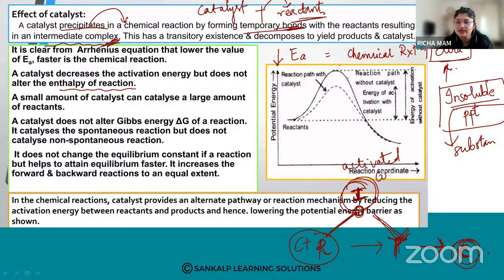This activated complex is unstable. It is formed when the catalyst combines with the reactants to form the intermediate product with temporary bonds, and it will decompose to form new products, regenerating the catalyst.